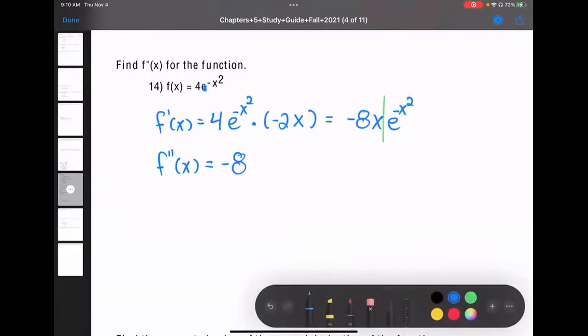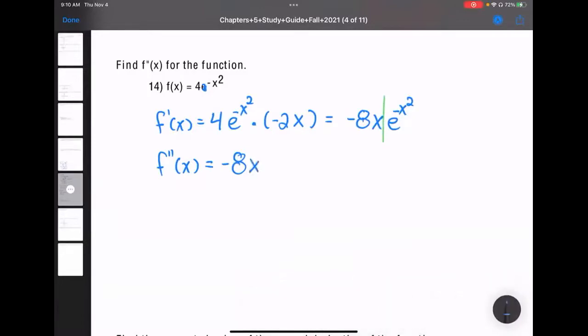So we're going to do first times derivative of the second: x squared times -2x, just like we had above, plus the second times derivative of the first. So first, second.